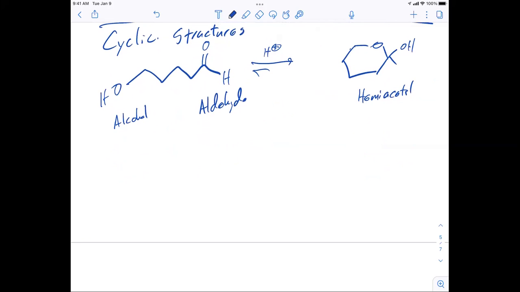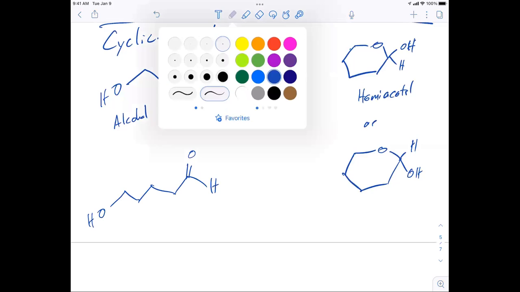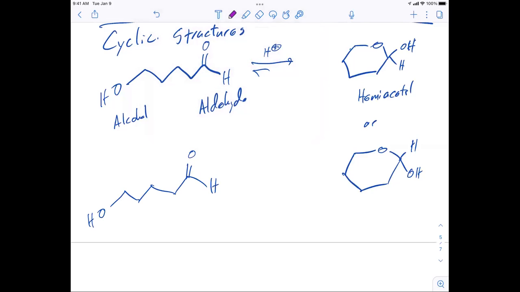But if you notice over here, I've shown it going up, but I could have also shown it with the OH going down. And that's because when this cyclizes, I can either take the OH from the back, right?